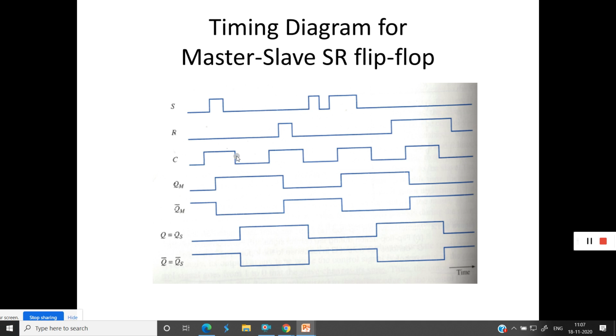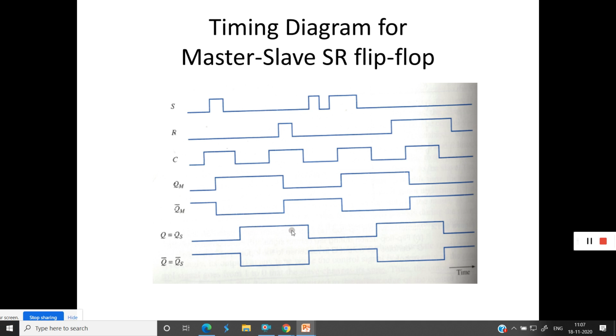Next, when clock becomes from 1 to 0, the content of the master at this timing is transferred to the slave on the next edge of the clock pulse. You can see here QS.